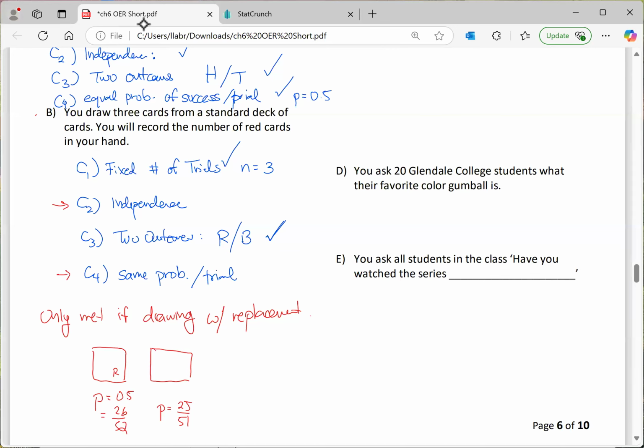So you don't have the same probability of success for every single trial. So that means that what happens first is in fact influencing what happens later. So condition 2 and 4 are only met if you're drawing with replacement. So that one was a trick one right there.